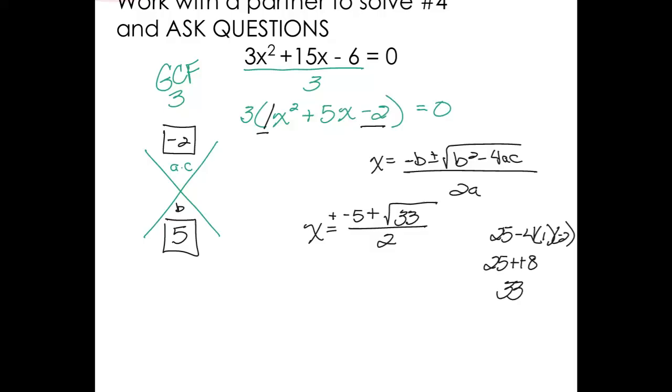That's when you add, and if you do that, you get negative 5 plus square root of 33, divided by 2, equals 0.372.